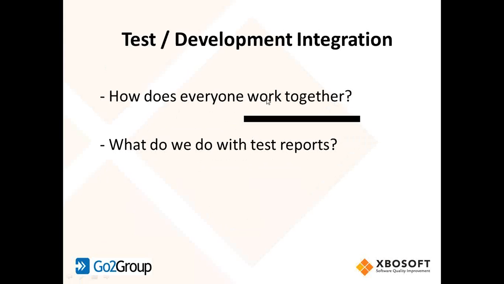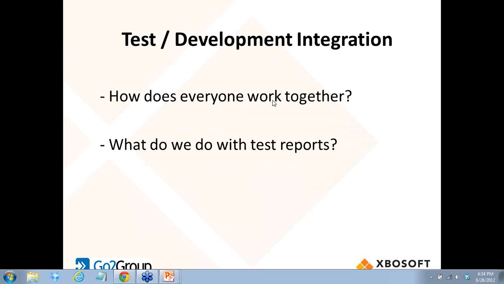Test and development integration. This is a large one. How does everyone work together, and what do we do with the test reports? Right. Well, that's the cool thing about Agile as well, is there's no QA testing at the end and then throwing stuff back to developers at the end. Because if our deadline is Friday, and it's classic and everybody's familiar with this.